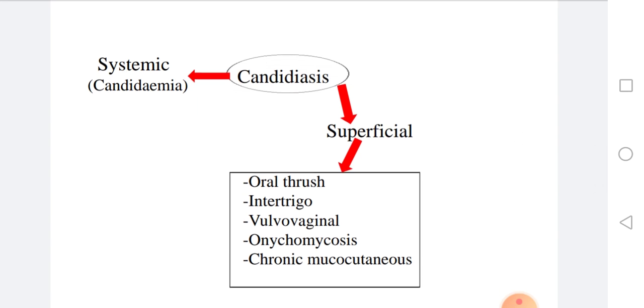Here is a summary of types of candidiasis. It can be superficial, like oral thrush, intertrigo, vulvovaginal, onychomycosis, and chronic mucocutaneous.